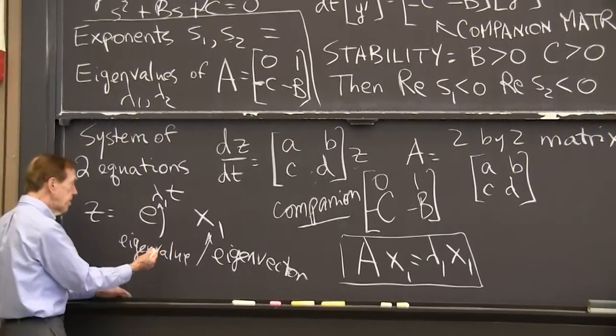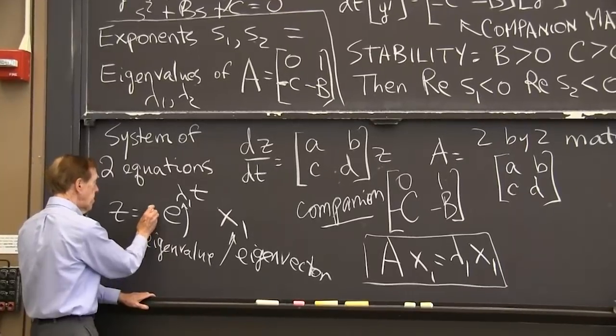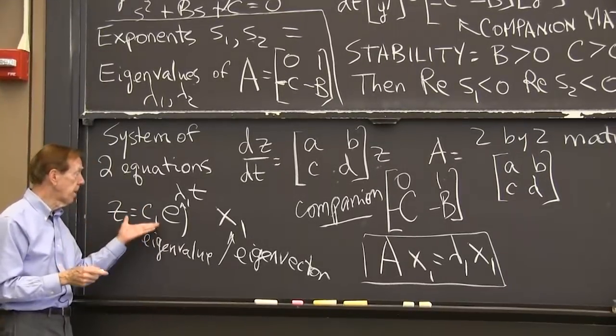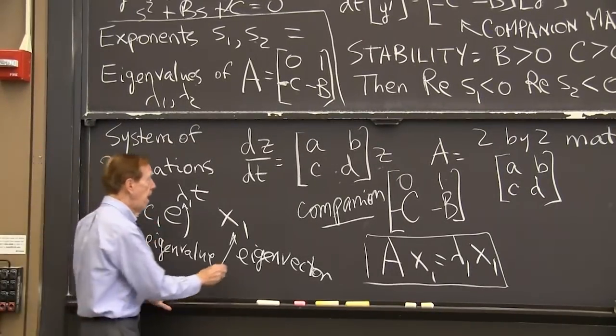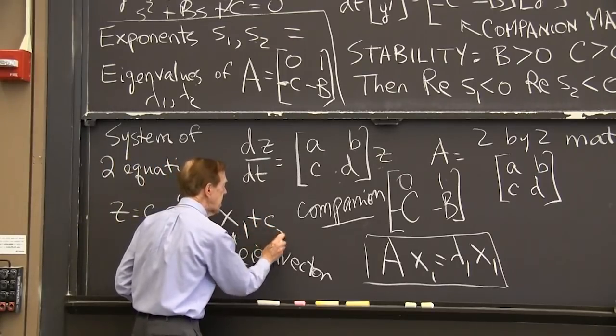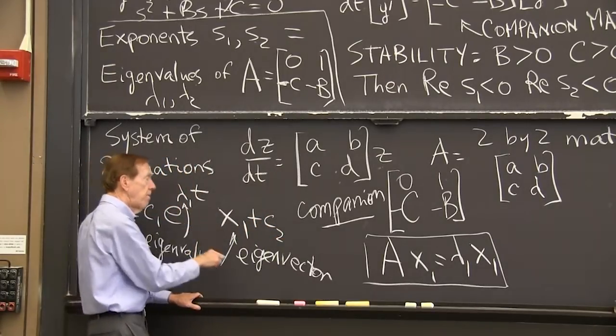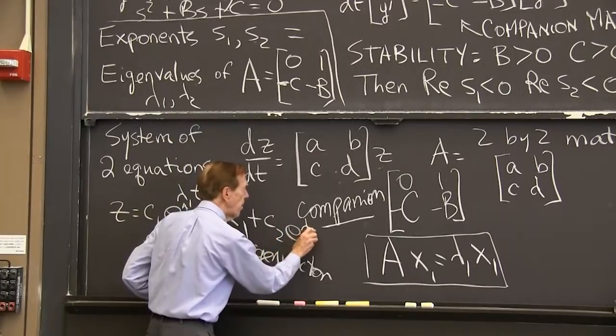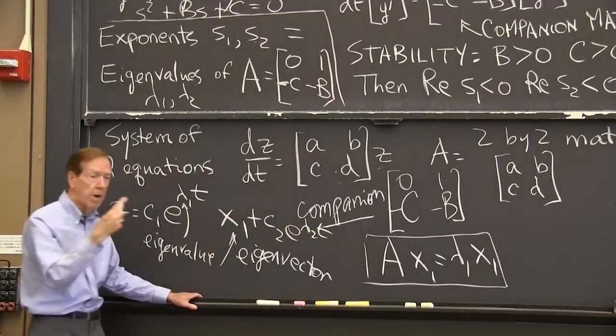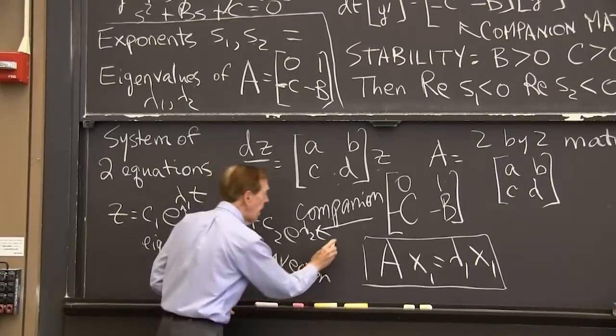So the complete solution would also be, so I could have, it's linear, so I can always multiply by a constant. And then I would expect a second one of the same form, e to the some other eigenvalue, like some other exponent, times some other eigenvector.